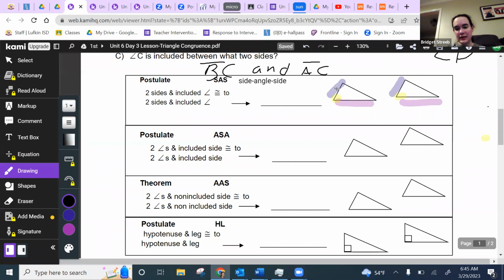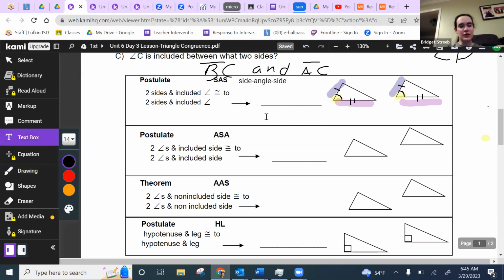So again, you'd have tick marks showing the sides, and an arc mark with an angle. And that proves that the two triangles are congruent.